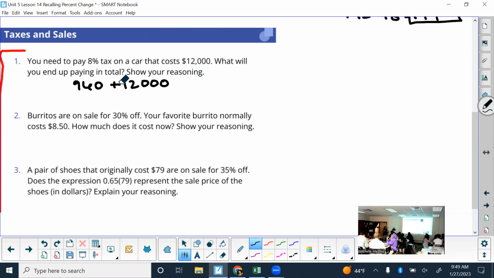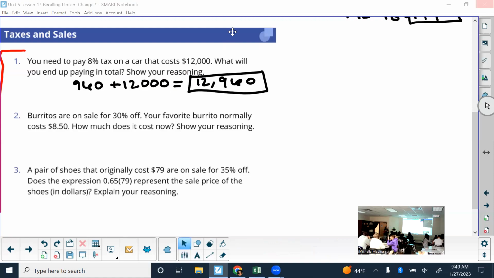Add it to what the car costs. So it's always the price plus the tax, which gives me a grand total of what?